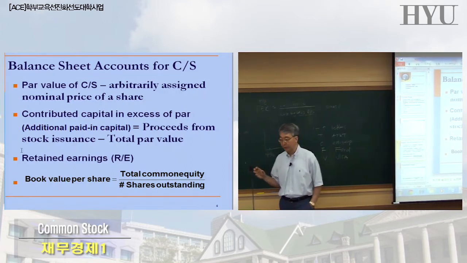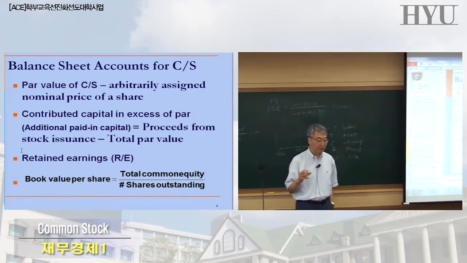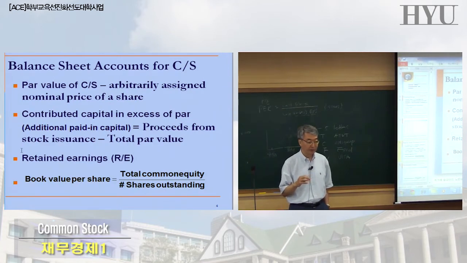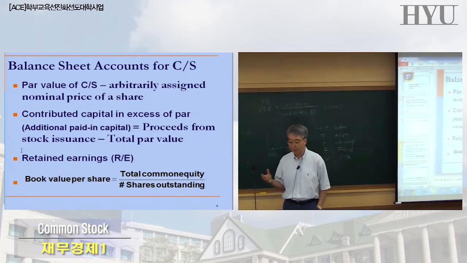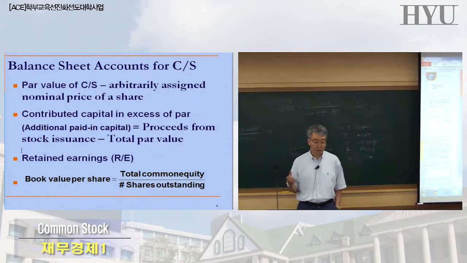But the important thing is, of course, the market value of the stock, right? But market value of the stock has nothing to do with the company's accounting, right? Because the owners are out there. The stocks are not owned by the company, right? Stocks are owned by individuals or institutions, right?